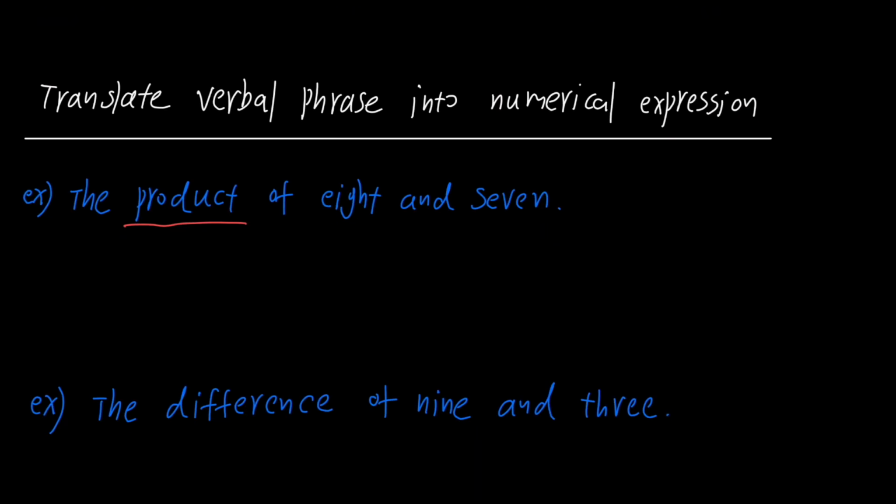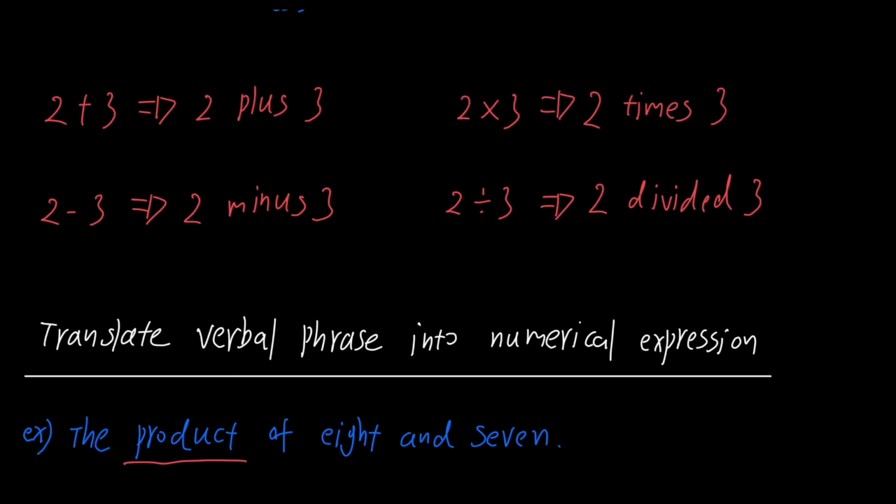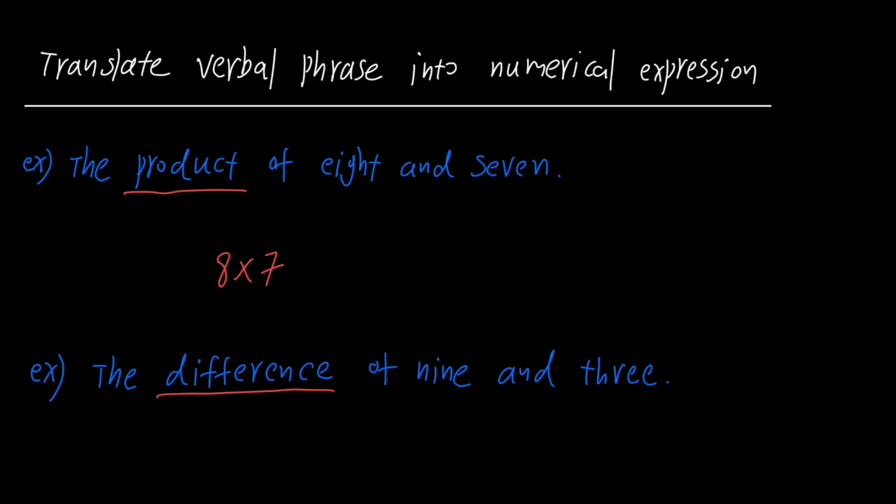So we translate it into a numerical expression. 8 times 7 is the same as the product of 8 and 7. Okay, another one, the difference of 9 and 3. The difference is the keyword. And we go back to see the difference. Here we have a difference and it means subtraction. So we can translate this verbal phrase into a numerical expression. So it's going to be 9 minus 3. It's the same as the difference of 9 and 3.